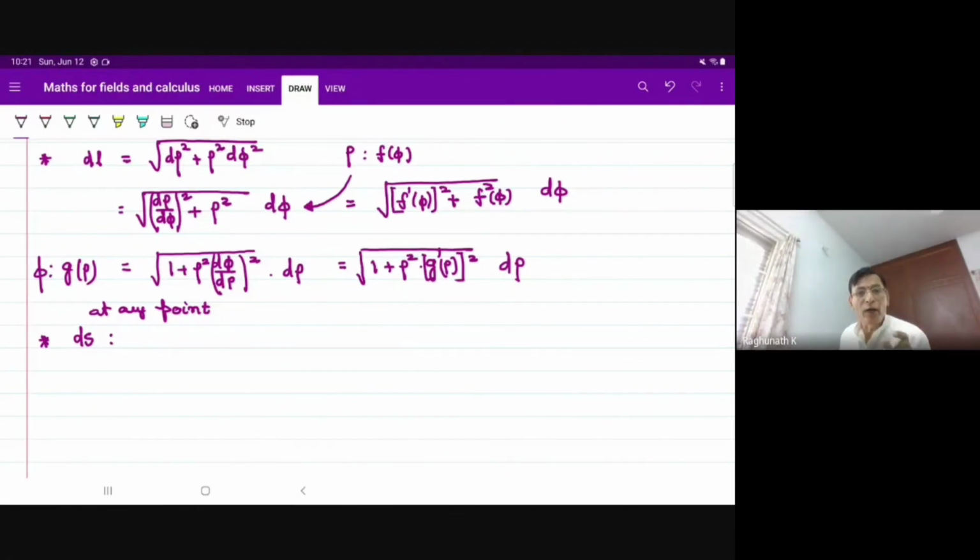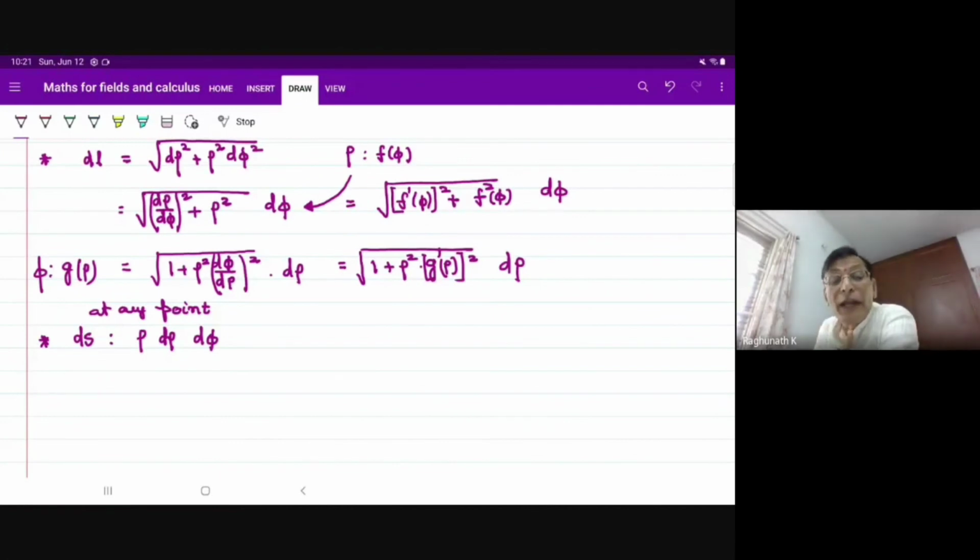One side is d rho. At the same point, keeping rho constant, change phi by d phi, produce one more mutually perpendicular side of length rho d phi. So ds is what? Rho d rho d phi.